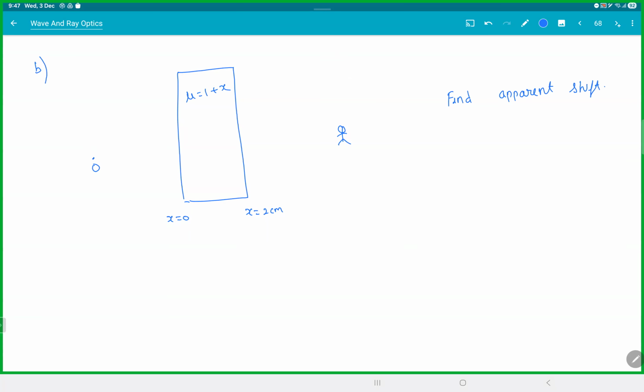Hope you guys remember the general formula. Come on, everyone. Apparent shift will be thickness of the slab into 1 minus mu medium by mu slab. This is the general formula when mu is constant. Now here mu is messed up. How do you handle this?